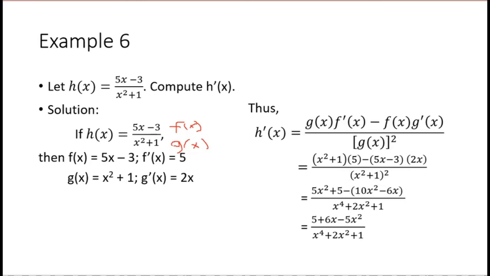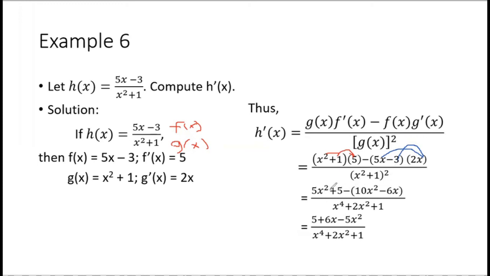Then, i-distribute na natin yung 5 with x squared at yung 5 sa 1. Ganun din, i-distribute na natin ang 2x sa 5x at yung 2x sa negative 3. Then, yung x squared plus 1, squared mo na rin yun.